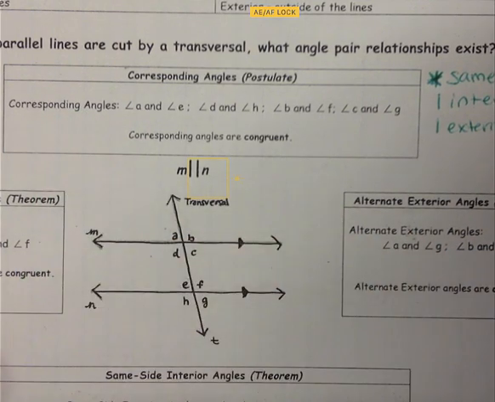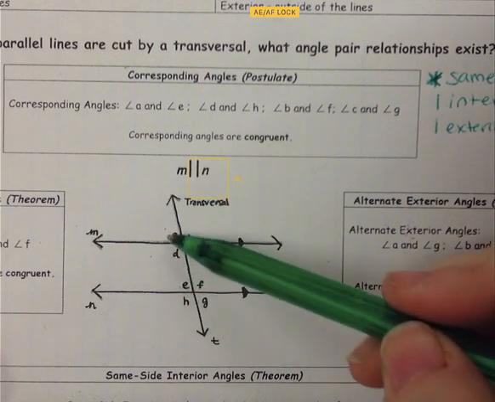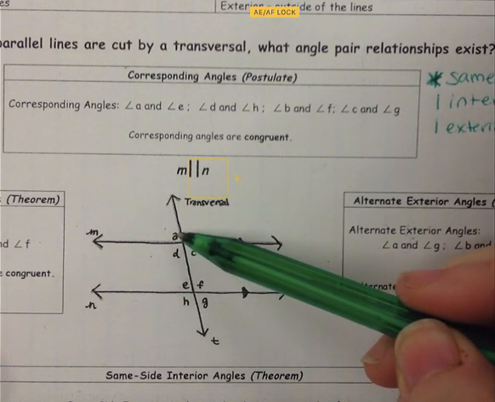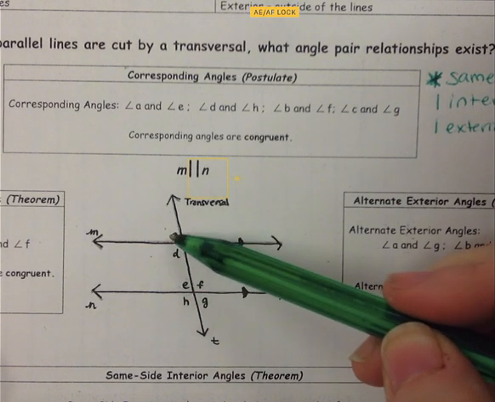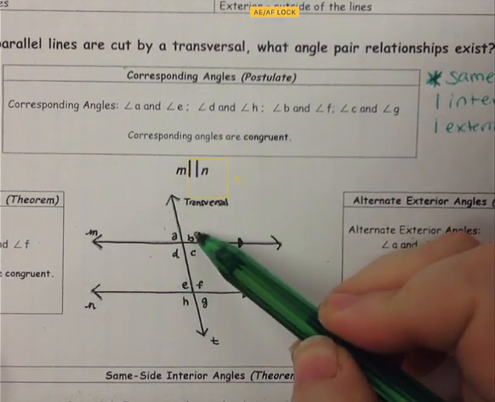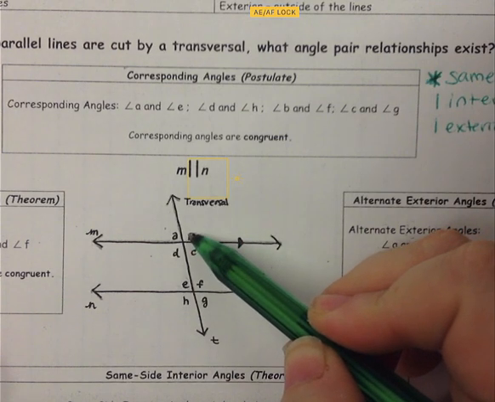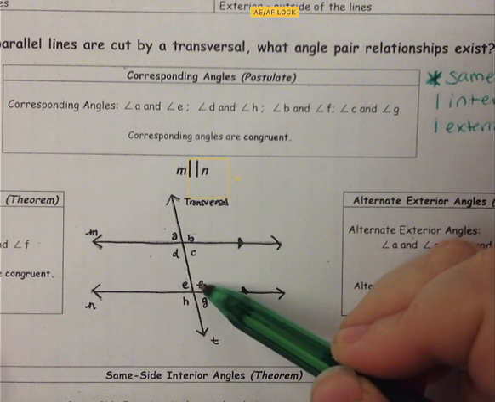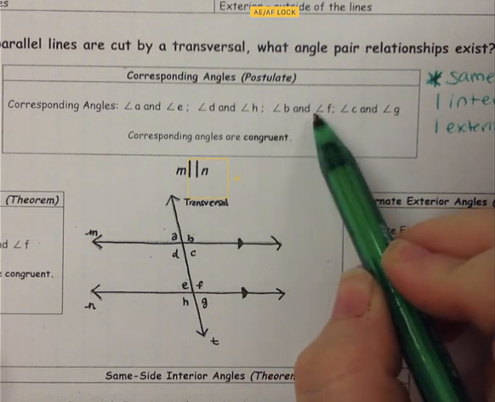Corresponding angles are in the same location, but on different levels of your parallel lines. So top left here, those are corresponding angles. Angle B is on the top right of the transversal, and F is also on the top right. So B and F are corresponding angles.